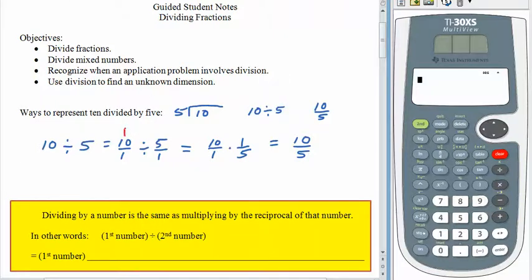The first fraction hasn't changed a bit. The second fraction is a little different. We went from 5 over 1 to 1 over 5. Those are reciprocals.